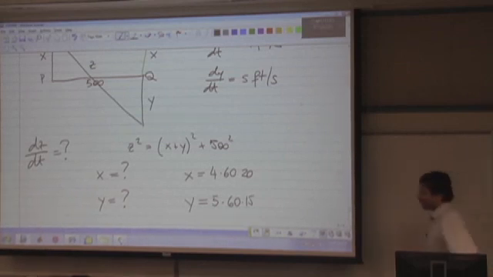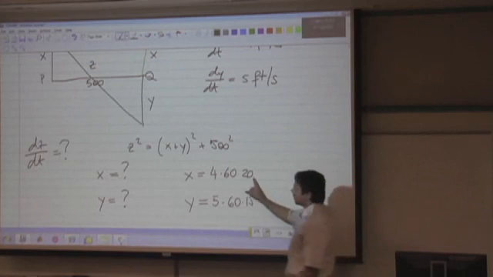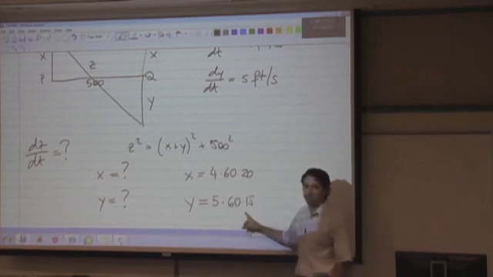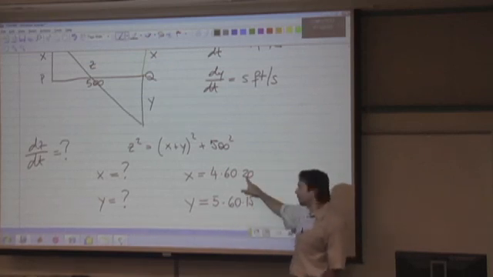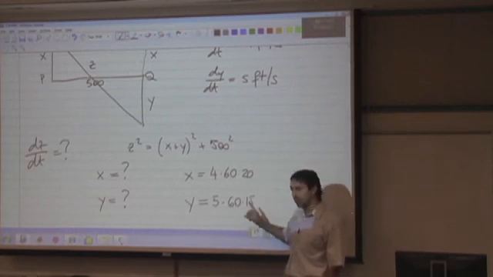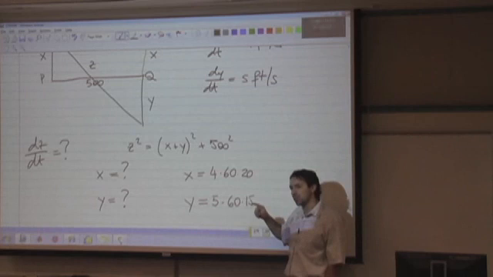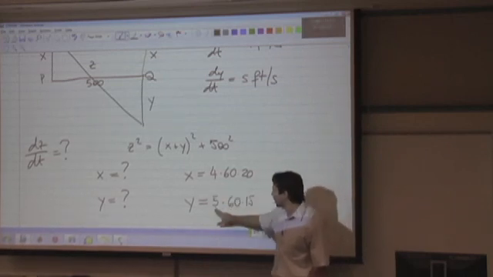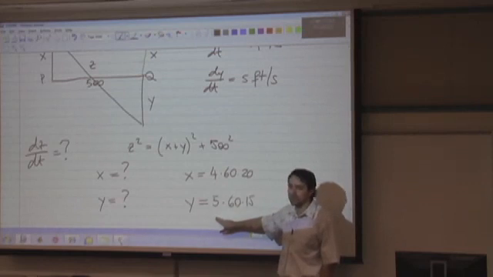So two things happen here. First of all, the man started moving before the woman, right? So the woman started 5 minutes later. So the man walked for 20 minutes. The woman only walked for 15 minutes. The other thing that you have to keep track of is you have to make sure that your units actually make sense. The rates of change are in terms of feet per second, yet they walked minutes.